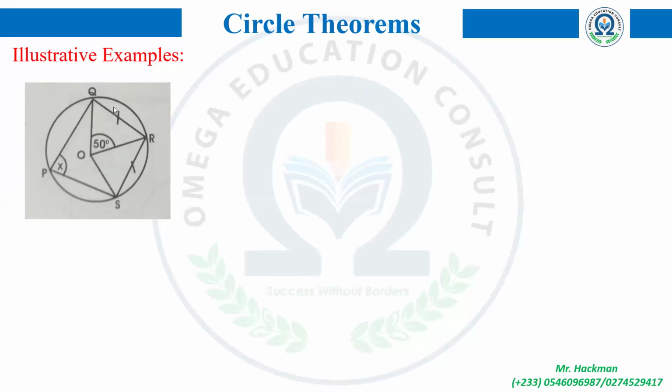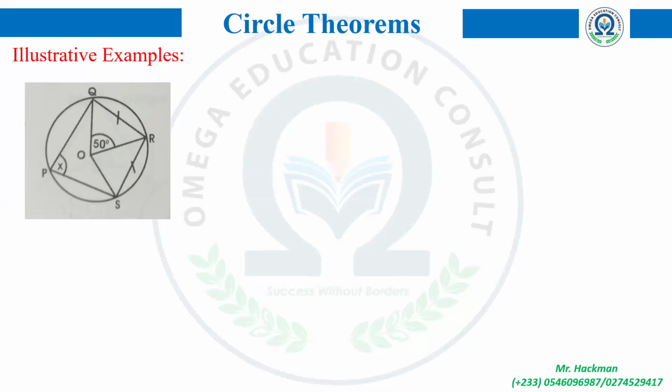If you look at the circle here, you can see two obvious triangles: one, which is triangle QOR, and another one, which is triangle SOR. Can you see that? However, I'm not much interested in the triangles.